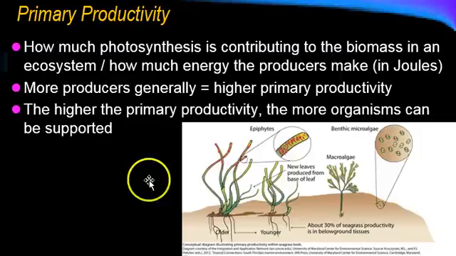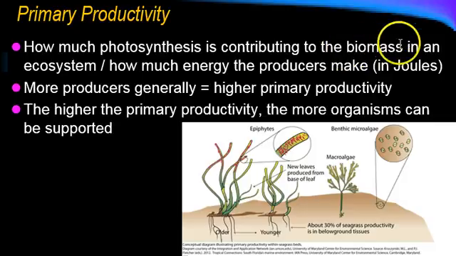And we usually measure the energy that they're making in joules and the biomass that they're making in grams or kilograms, maybe even larger units in some cases. In general, when you have more producers, you're going to get a more productive ecosystem. You're going to have higher primary productivity.